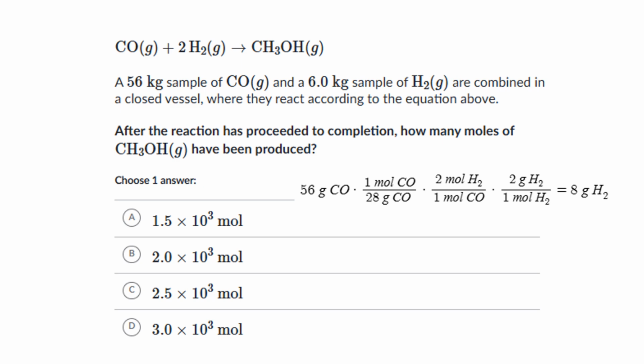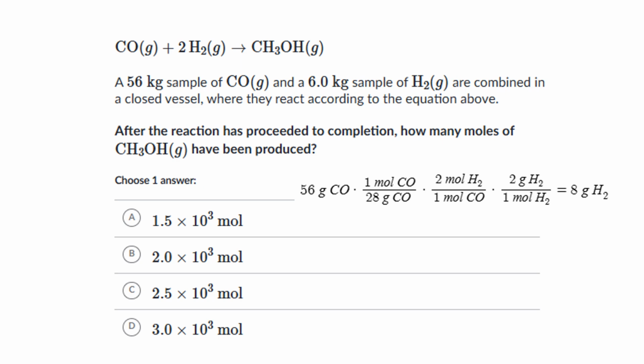This 28 grams per mole just comes from the periodic table. The 2 moles of H2 for every 1 mole of carbon monoxide comes from the balanced equation, right? That's just the coefficients. And then again, periodic table to go from moles to grams, this time of hydrogen. And so what I determined is that I need 8 grams of hydrogen to fully react with 56 grams of carbon monoxide.